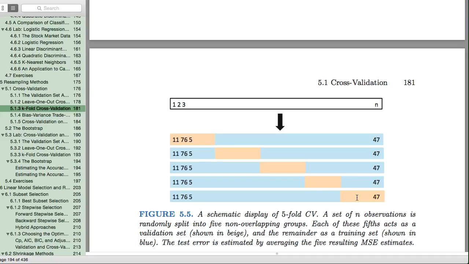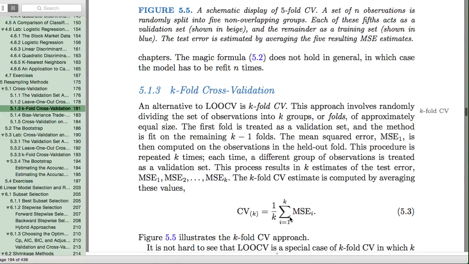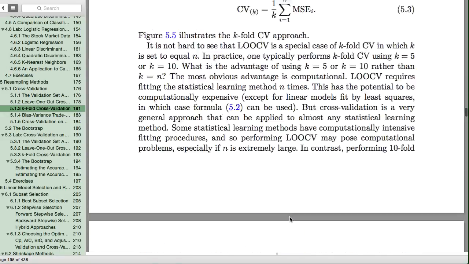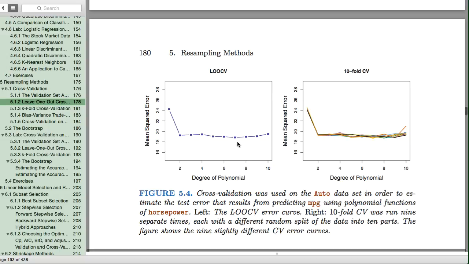And there's been a lot of empirical study of this that has found that 5 to 10 folds, somewhere in that range, performs as well as leave one out. I think this is the average from 10-fold run 9 times. You can see that it varies slightly, but it's remarkably similar to leave one out.